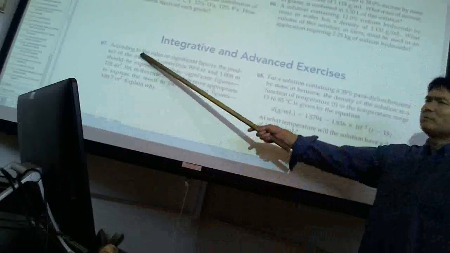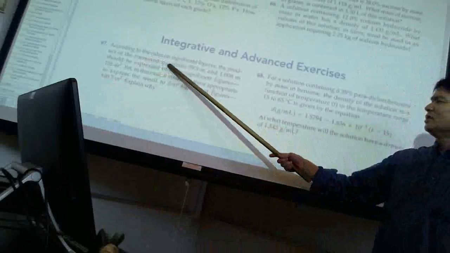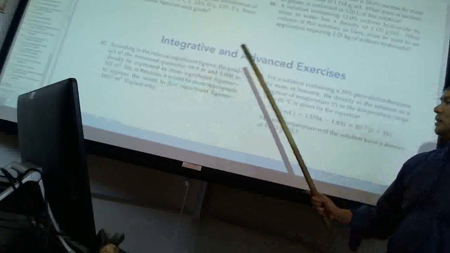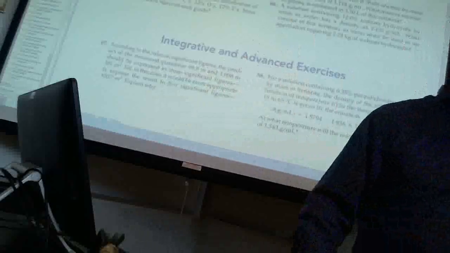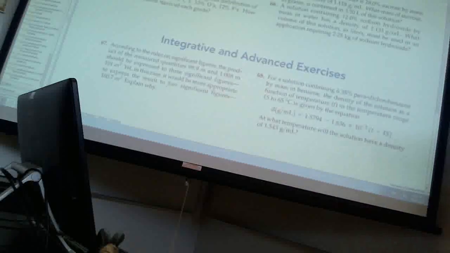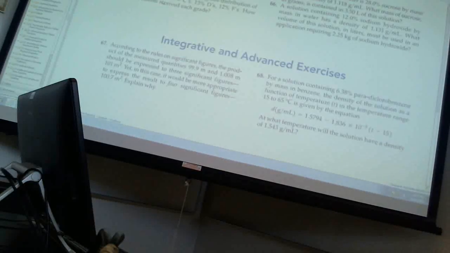And so let's go to problem number 67 here. According to the rules of significant figures, the product of the measured quantities 99.9 meters and 1.008 meters. So we have 99.9 meters times 1.008 meters.